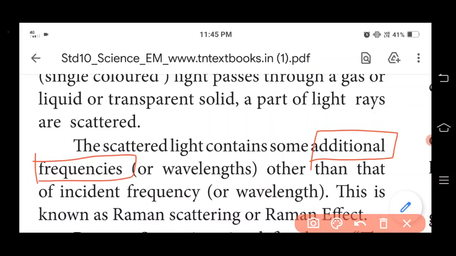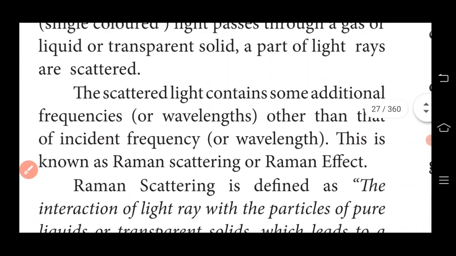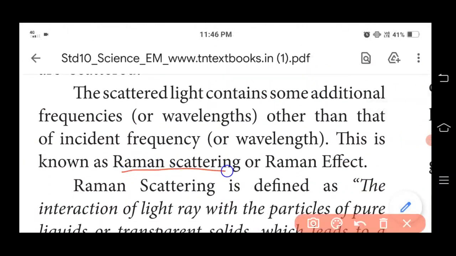What is meant by frequency? Frequency is the number of waves travelling in 1 second. So the scattered light contains some additional frequency or wavelength other than the incident frequency or wavelength. This is known as Raman scattering or Raman effect.